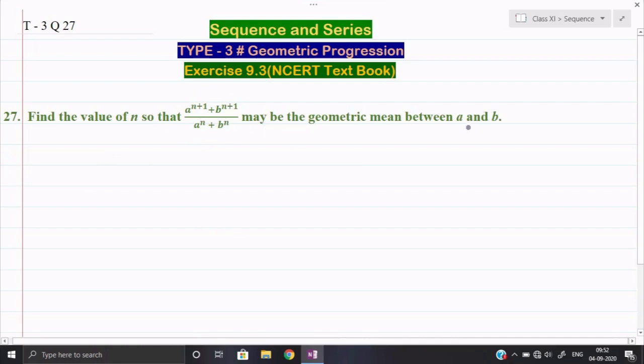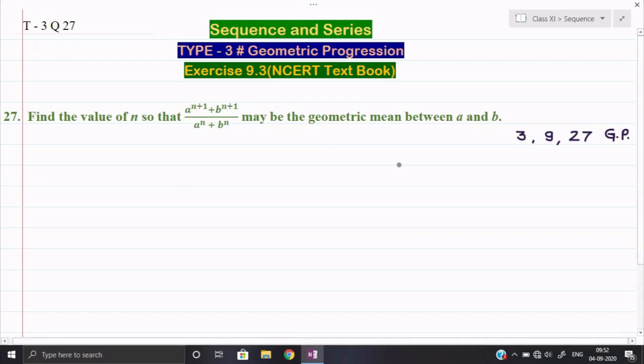First of all you should know what the geometric mean is, which we have already covered earlier. For example, in short, suppose 3, 9 and 27 are in GP. You can check: divide the second term by the first and the third term by the second, you will get the same common ratio.